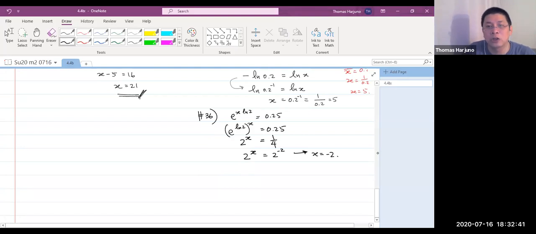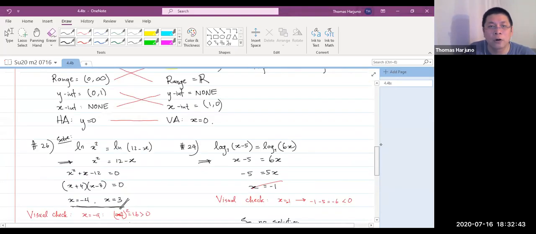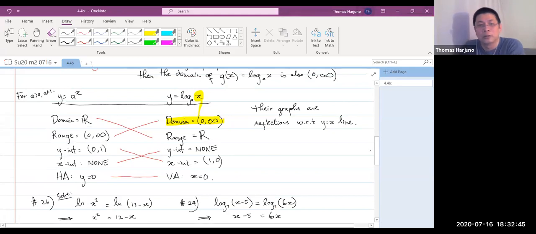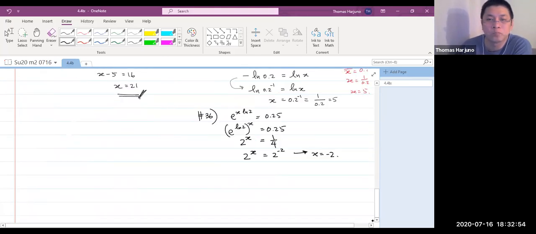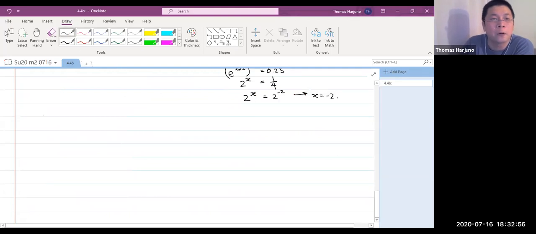Okay. Now, next, how about the graph? Like what we said earlier, the graphs of a log function and an exponential function are reflections with respect to the y equals x line. So let's say, for example, we take a look at f(x) equals 2 to the x. That's a function that we have seen many times yesterday.